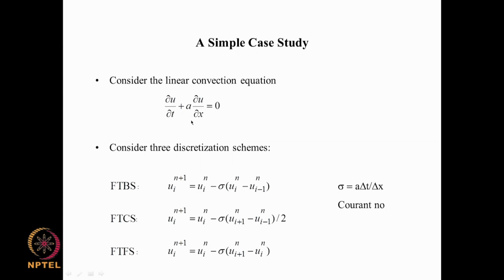So, we get minus here, and sigma is what is known as the Courant number, after a famous mathematician who brought out the Courant number criterion for stability, and this is a times delta t, when we take this to the other side, it becomes delta t in the numerator divided by delta x, which is coming from this. So, minus sigma times (u_i^n minus u_(i-1)^n).